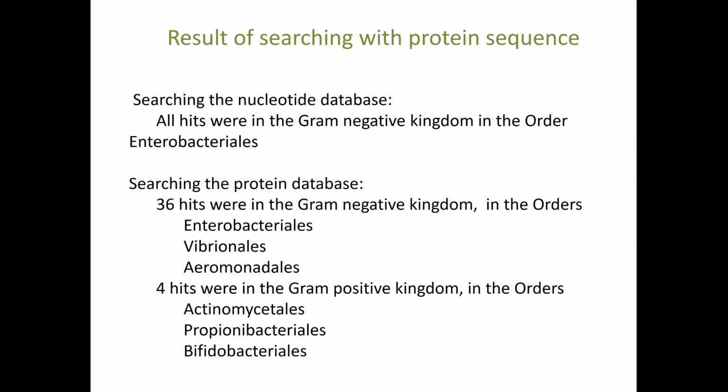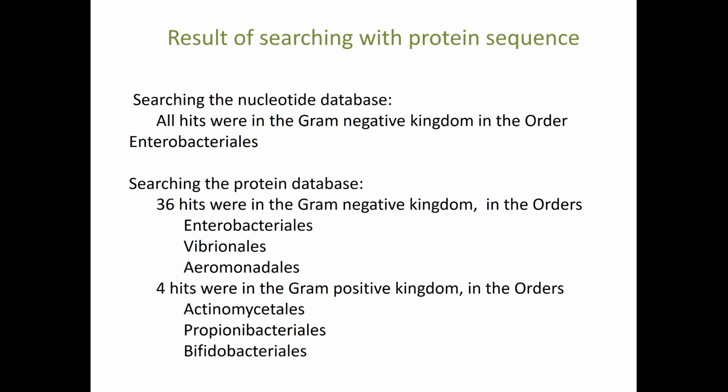When I searched the protein database, I wound up with 40 hits that I took. 36 of those were in the gram-negative kingdom, but they were in 3 different orders, and 4 of them were very distantly related in the gram-positive kingdom. So by searching with a protein query, I was able to dramatically expand the range of hits that I got. And that was well worth doing.